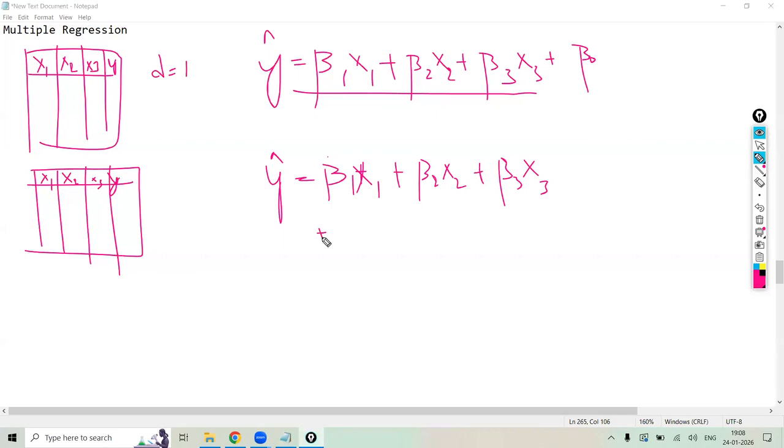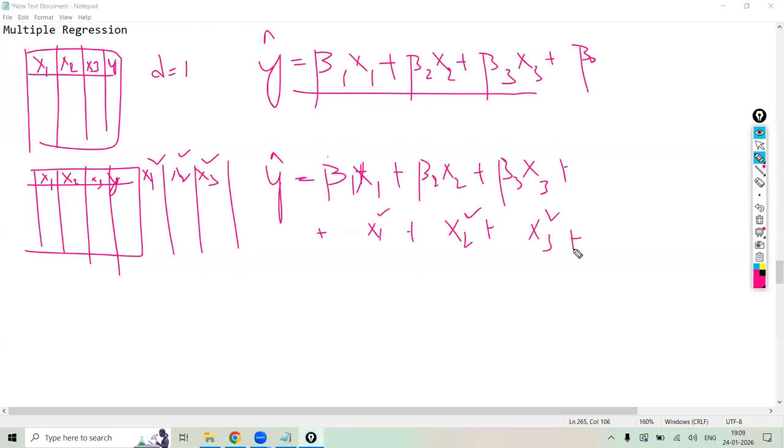What are the possibilities of 2? x1 square is the first possibility. Next, x2 square. Next, x3 square. Are there any other possibilities?